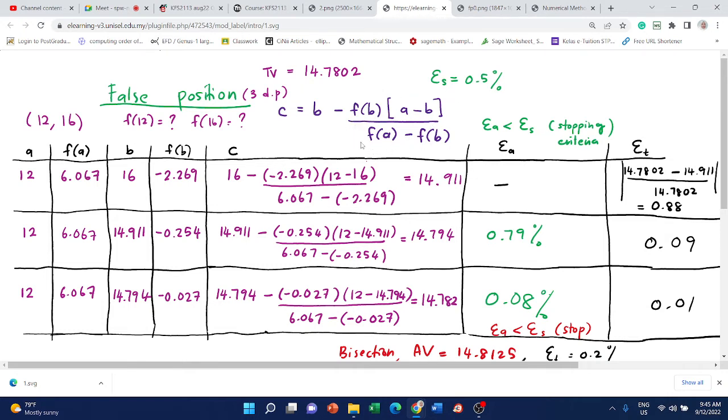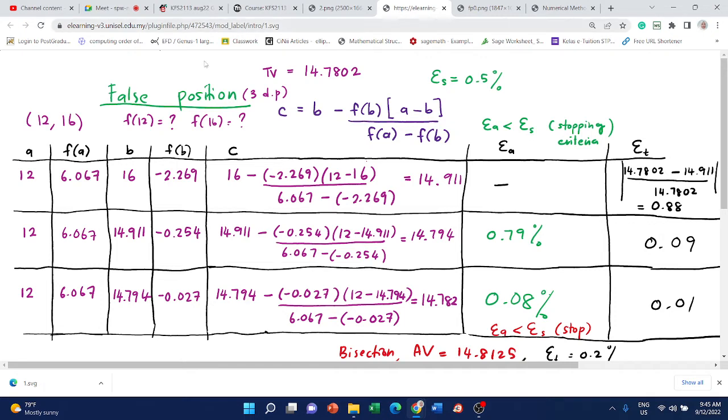Please take note that the division applies only to this part. Recall that because we have the same information, the estimated error will be 0.5%. The stopping criterion for false position is also when the absolute error is less than the estimated error.